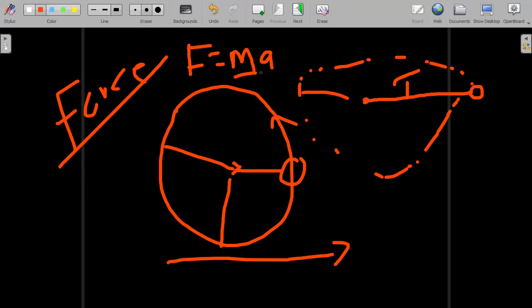Now, if we know that a force is what causes motion in linear motion, what then would we say about circular motion? So the point that we're trying to raise here is, when something is moving along a circular path, we expect that there's a force that should be pulling it towards the center, okay, so that it continues moving in what?